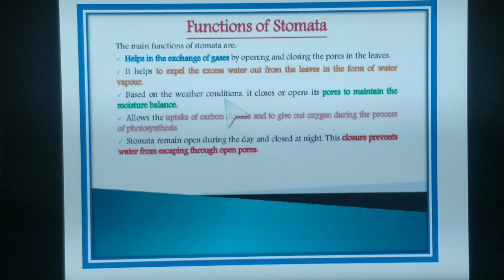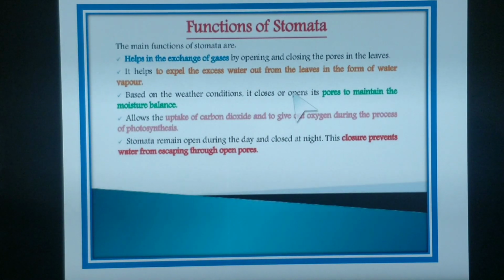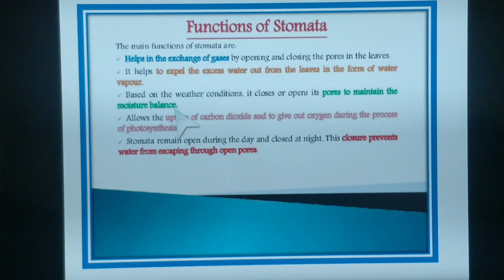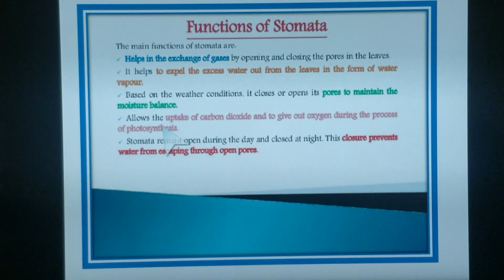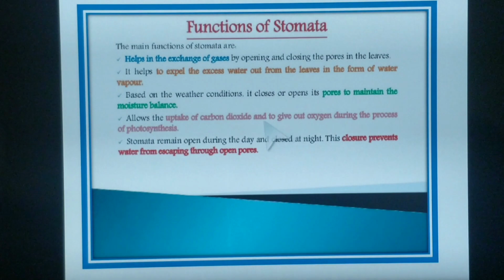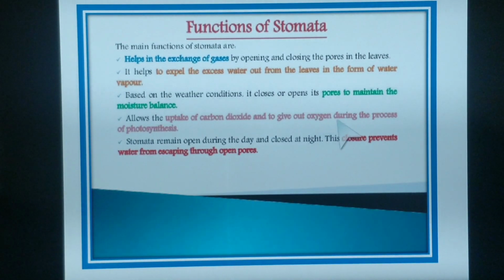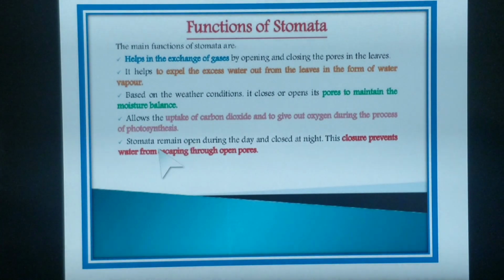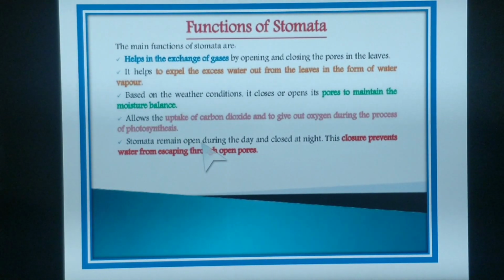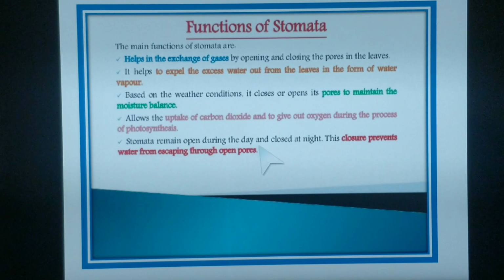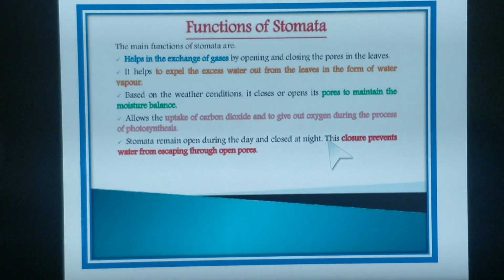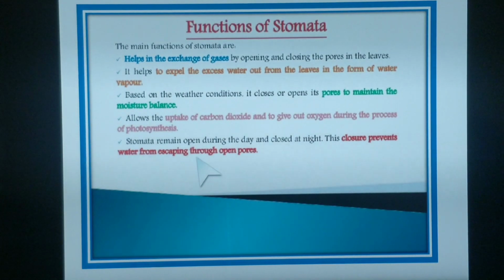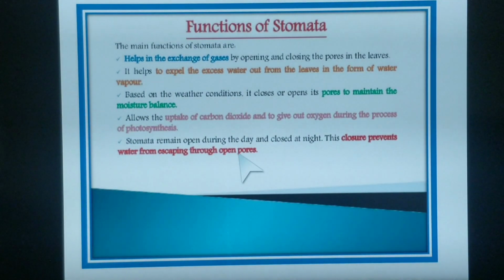Based on the weather conditions, they close or open their pores to maintain the moisture balance, and allow the uptake of carbon dioxide and the release of oxygen during the process of photosynthesis. Stomata remain open during the day and closed at night. This closure prevents water from escaping through the open pores.